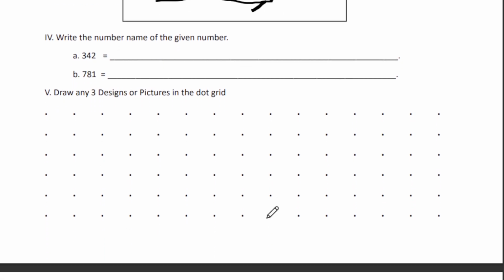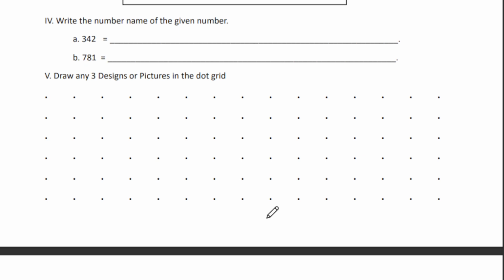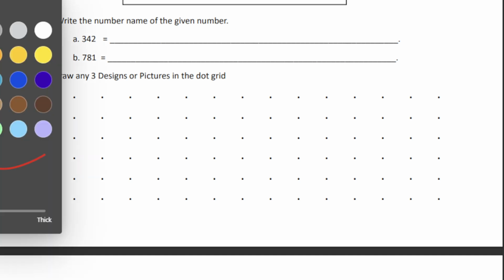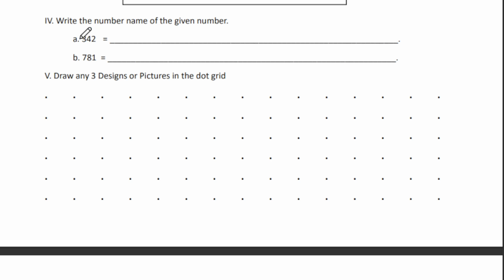Next one, write the number name of the given number. So you have to write the number name. So 342 is 342.